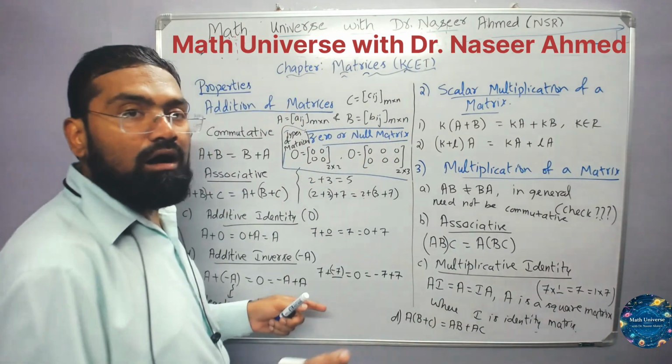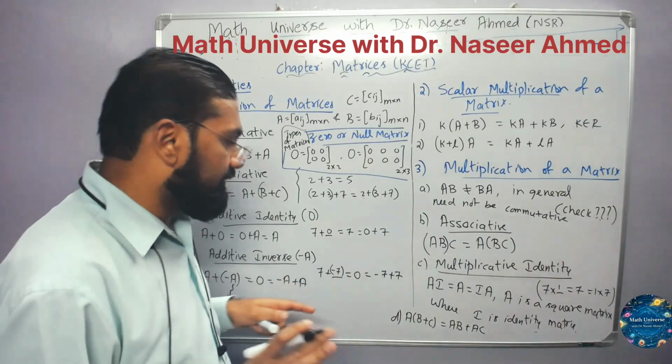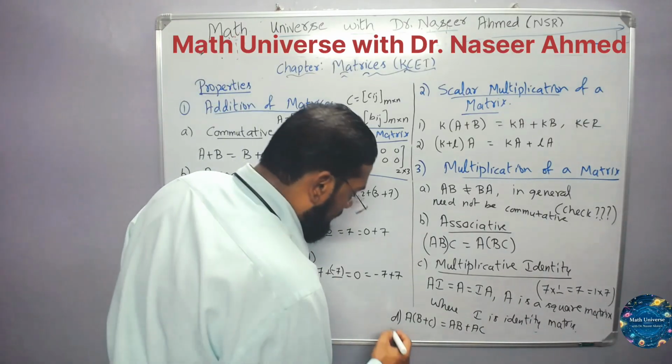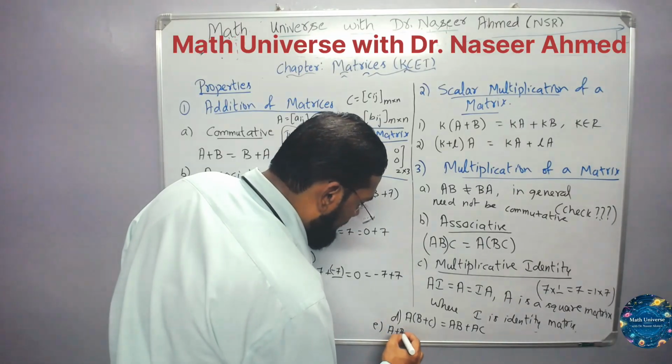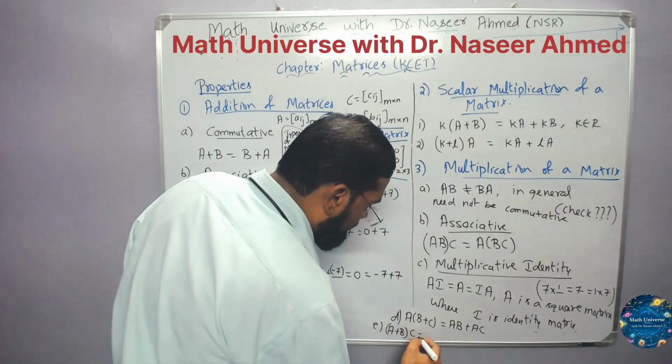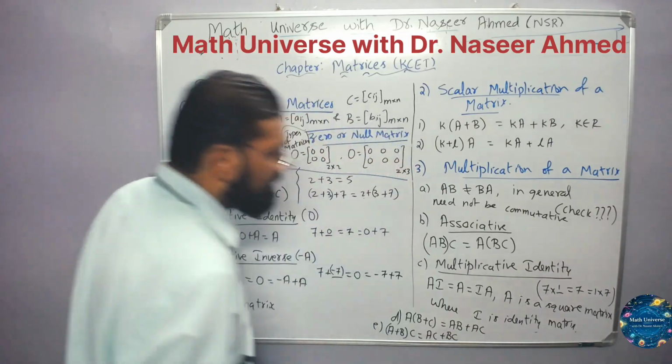Again, the condition for multiplication is that it should be defined. Similarly, it can also happen that I have (A plus B) into C, then also AC plus BC.